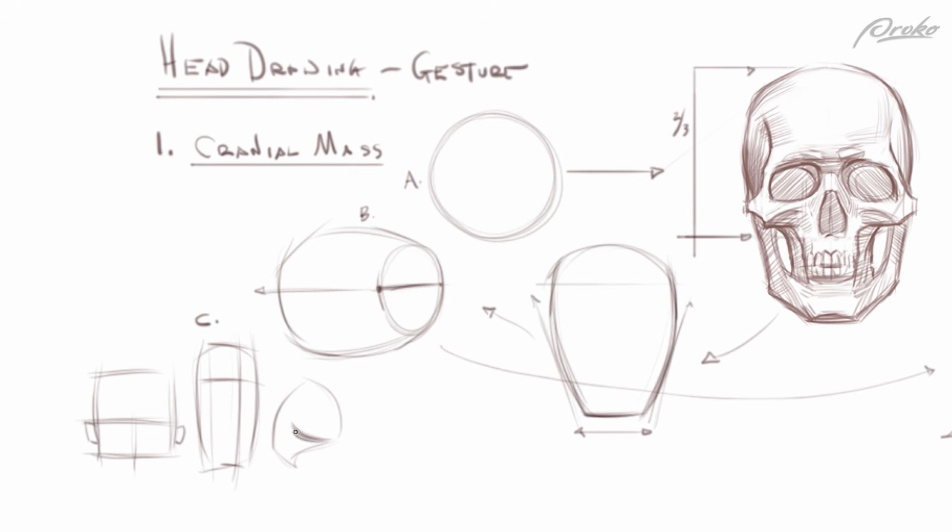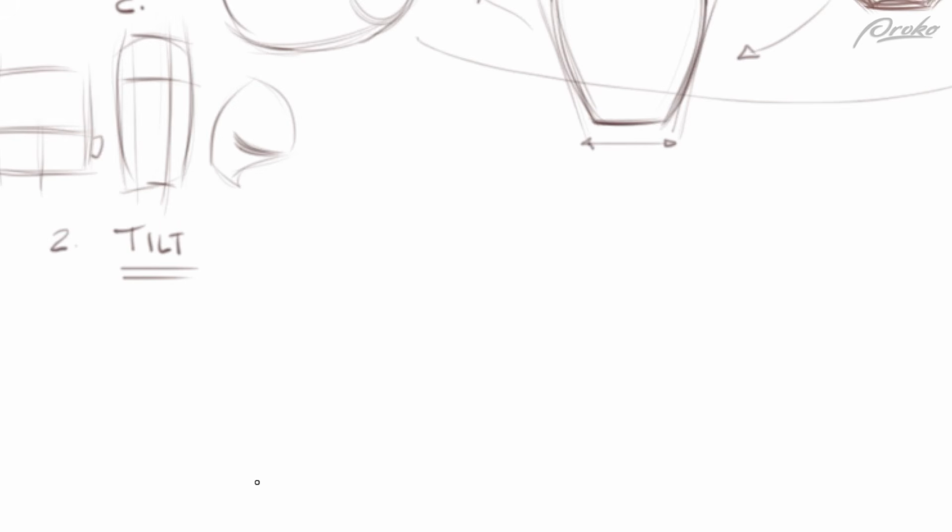So the reason that I go through these steps are always just things that I knew I did wrong. And I needed something that was foolproof to make sure I didn't continue to repeat and make the same mistakes consistently. So the reason that I would set a step for tilts is that early on in most, if not all, of my head drawings, and still some in the present, because of such an early interest and emphasis on features, I would end up producing a head that was completely vertical, sitting on top of a neck that was completely vertical, sitting on top of shoulders that are completely horizontal.